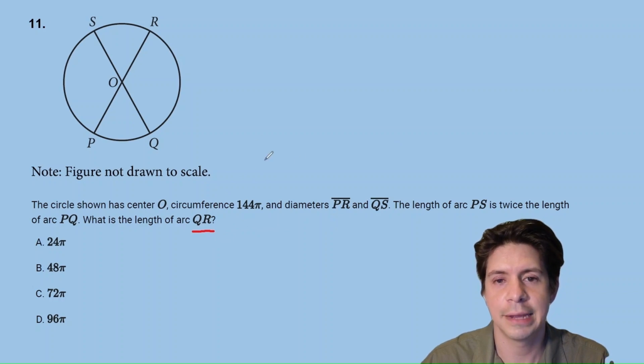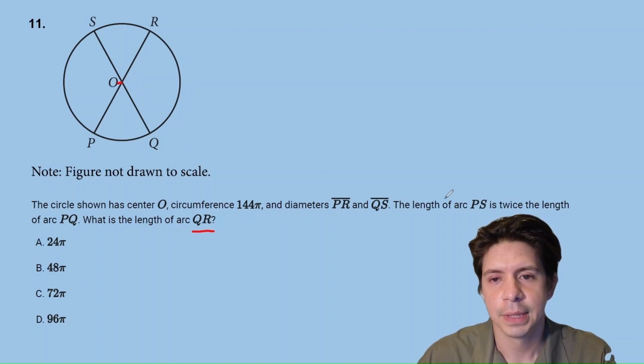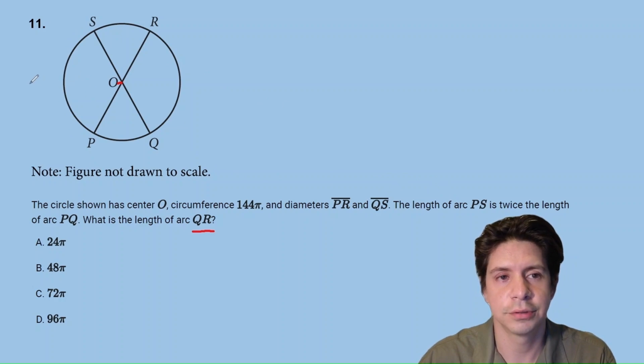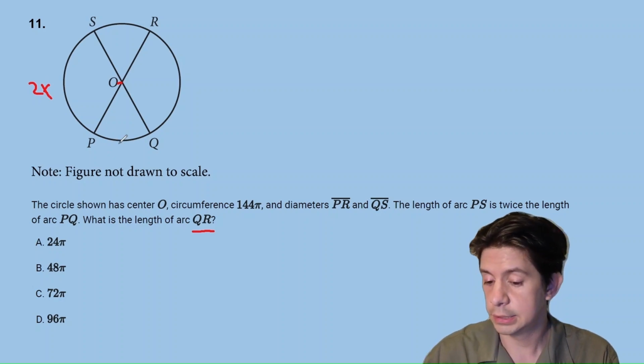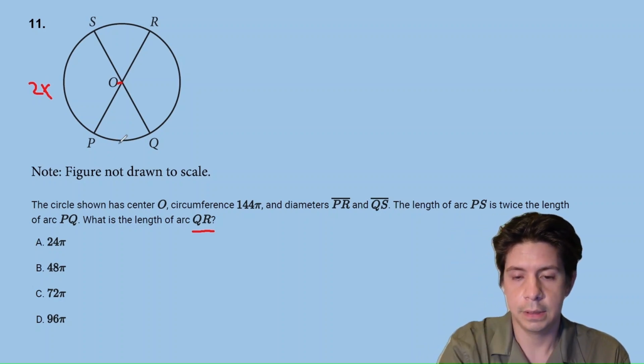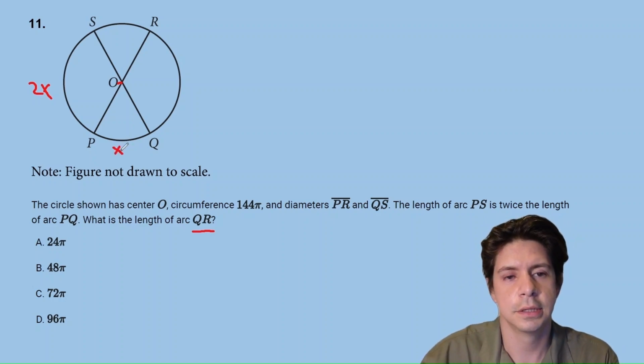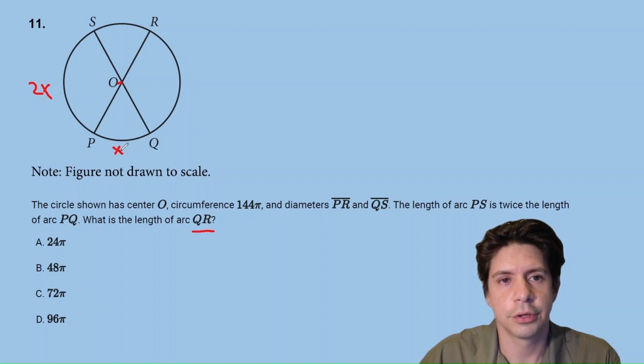Diameters, so that the diameter part just tells us that this meets exactly in the center, which is important, otherwise it wouldn't work as easily. The length of arc PS is twice the length of arc PQ, so let's call this 2x. And this one will be just x, right?